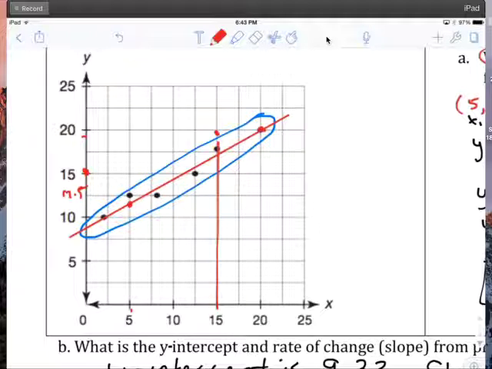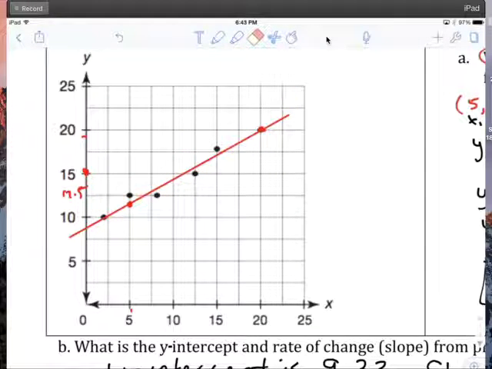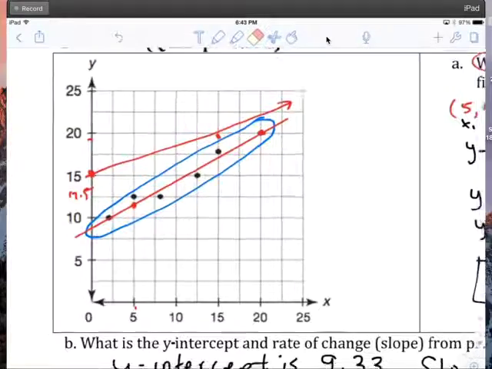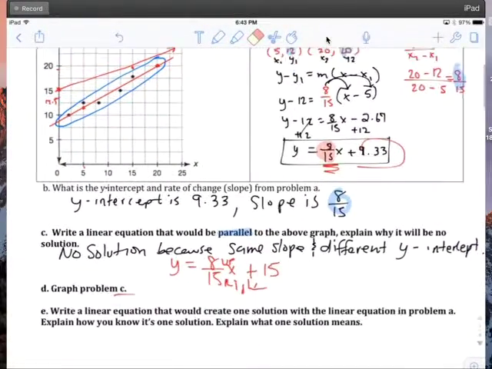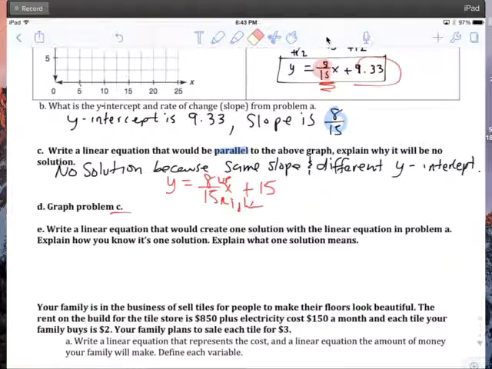So somewhere that line there. Kind of parallel. I think our y-intercept is wrong, but that's how it should look. Anyways, something like that. Graph it up 8 and over 15.